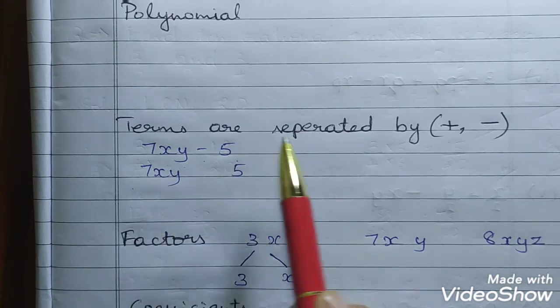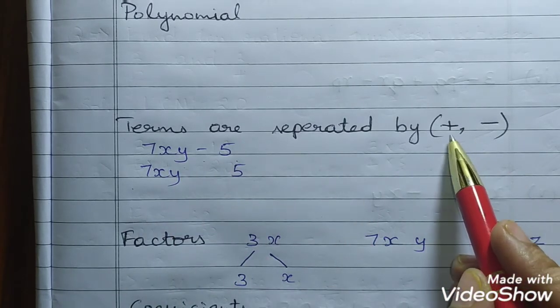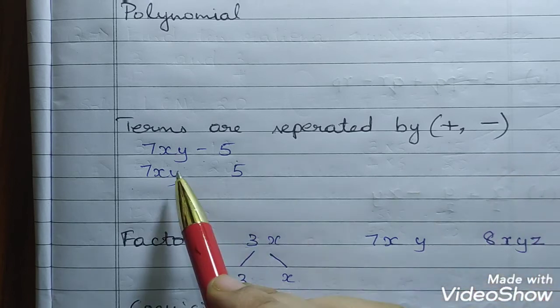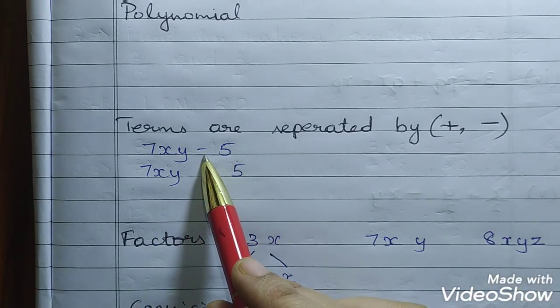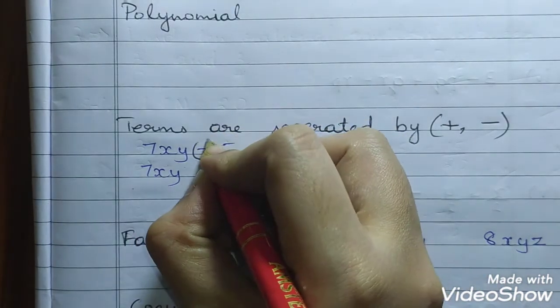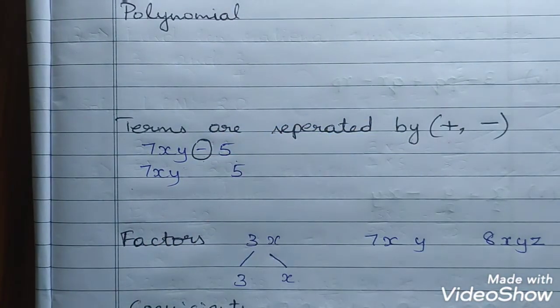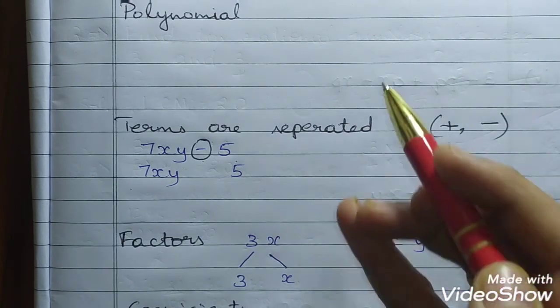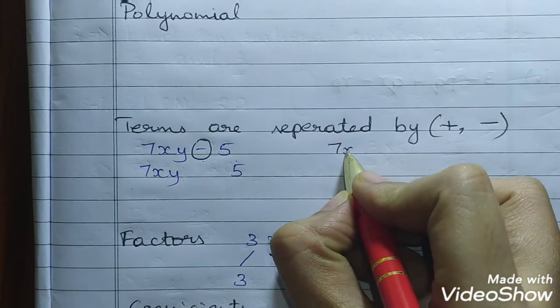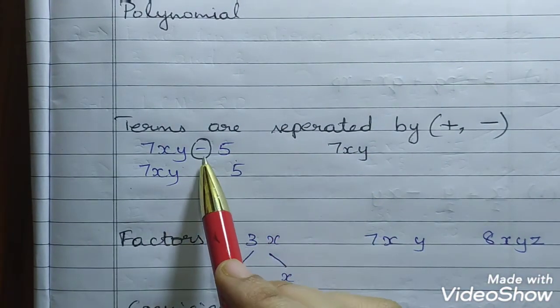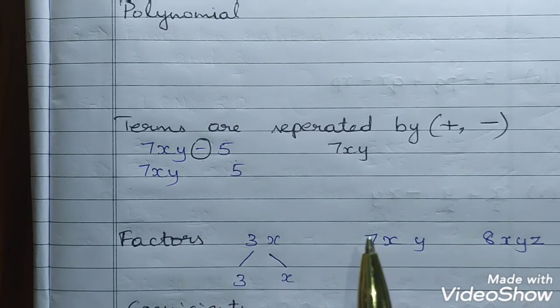Terms are separated by plus or minus sign. So this minus is separating the 7xy and 5. So terms are usually separated with plus or minus. If we are writing only 7xy, that is also a term.